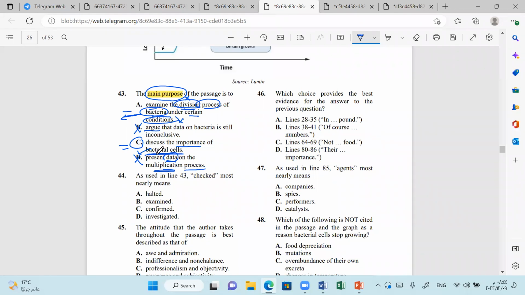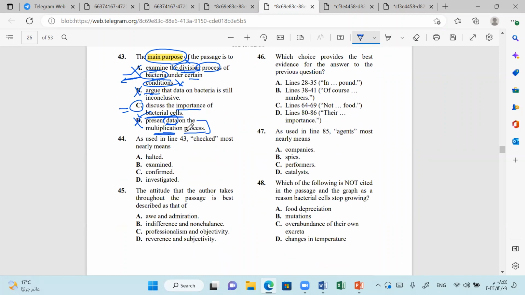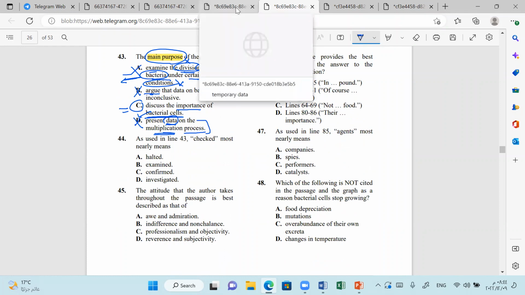I wanted to go for, no, I will eliminate B immediately for argue. I wanted to go for D, no, but D has no reference to bacteria. Bacteria is referred to in the blurb. So this is more general. So I will go for C. Type. Let's check another one. Another test.